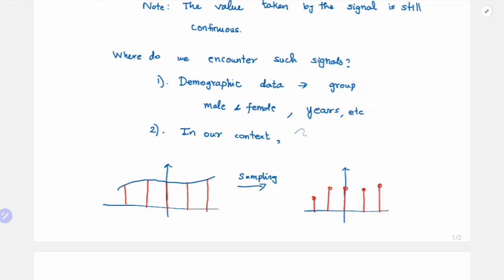So in our context, discrete time signal is obtained by sampling the continuous time signal.